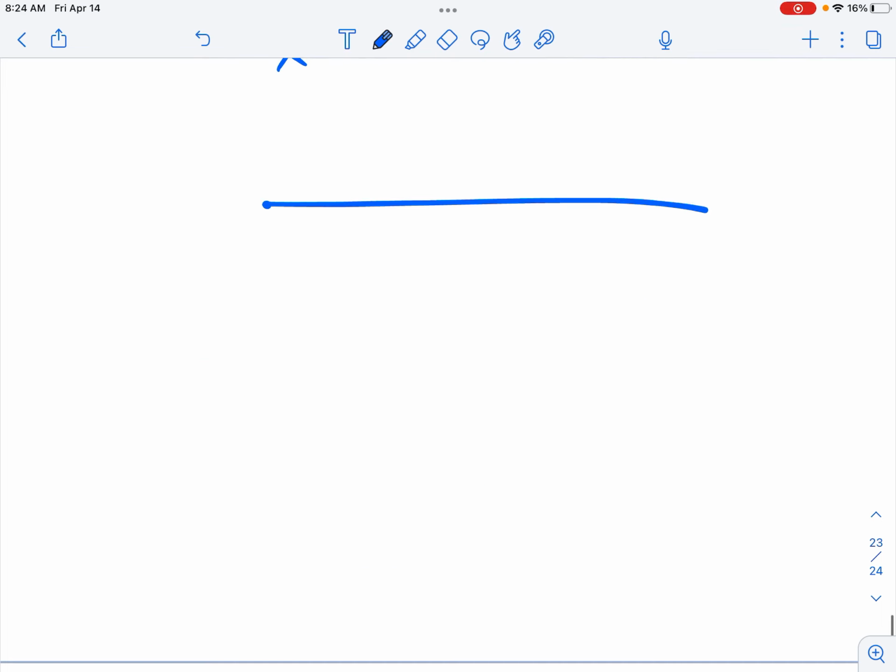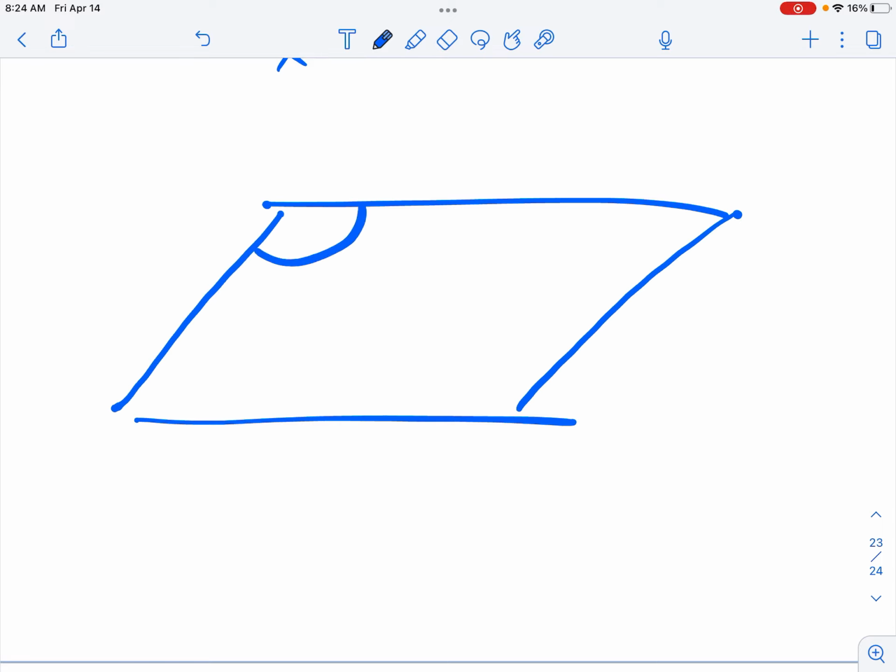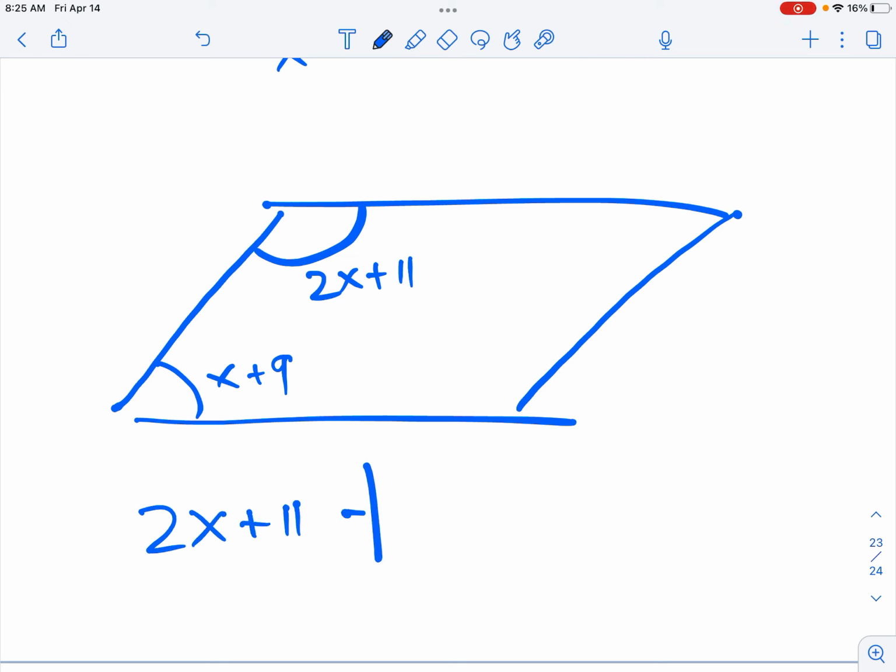Now let's give an example of two angles that are going to add up to 180. So this angle and that angle, you can see they're not the same angles. They're going to add up to 180. If we called this one 2x plus 11, and we called this x plus 9, then the way we set up the equation is this: 2x plus 11 plus x plus 9.